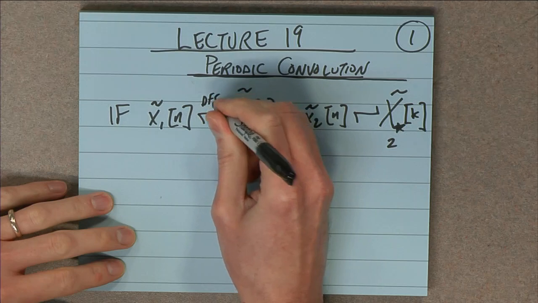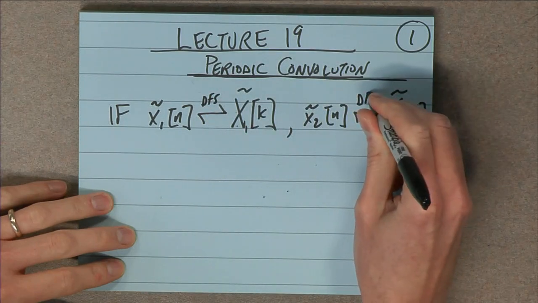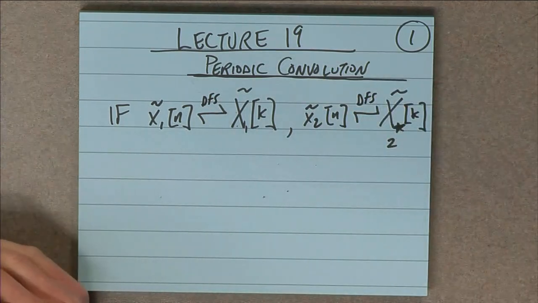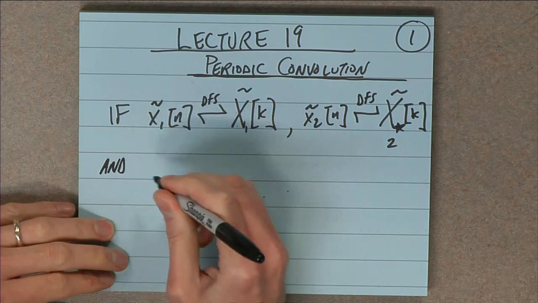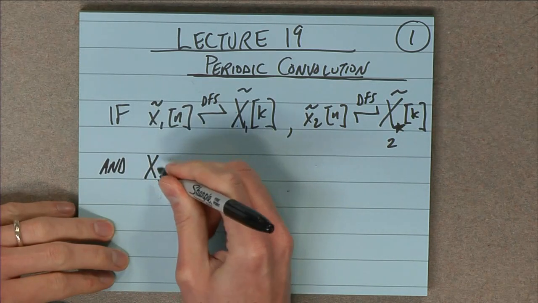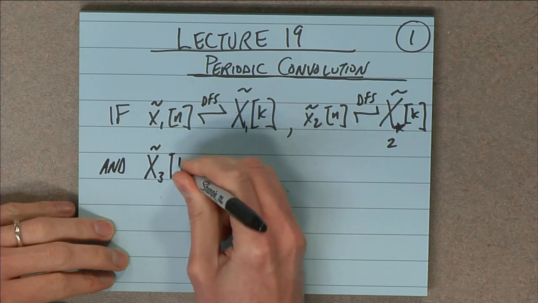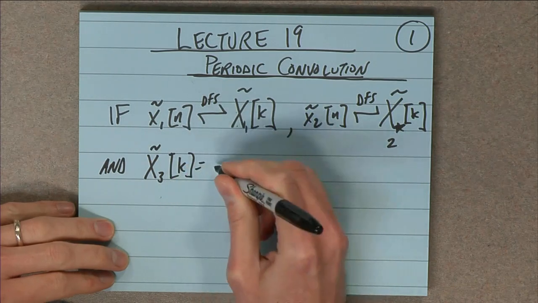And we make a third sequence, X3 of k, which is just the product of these two.